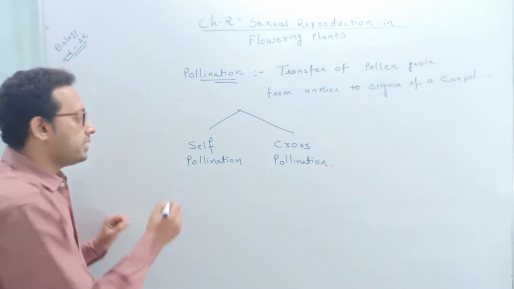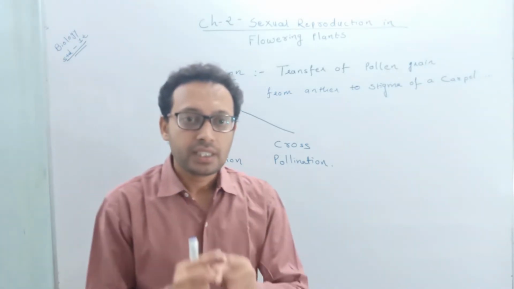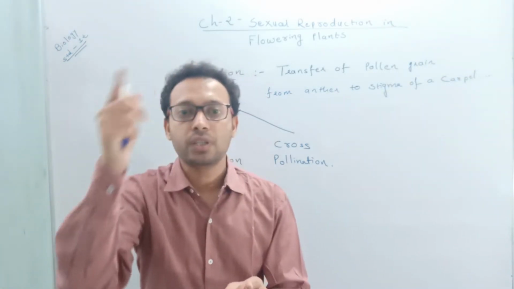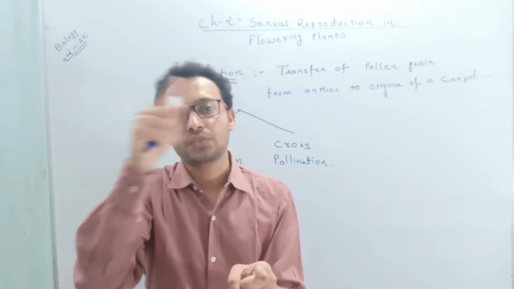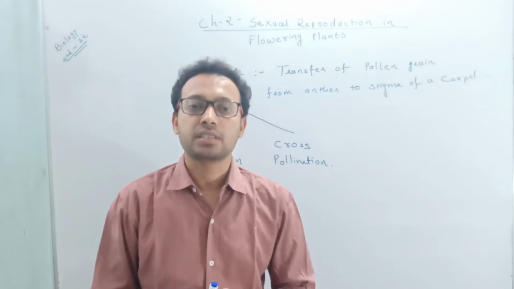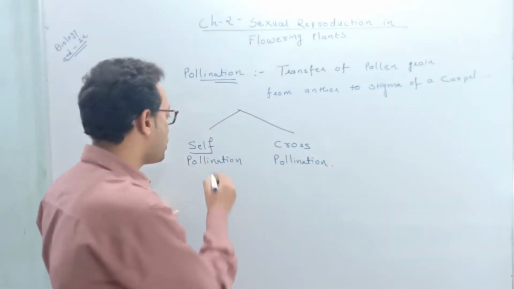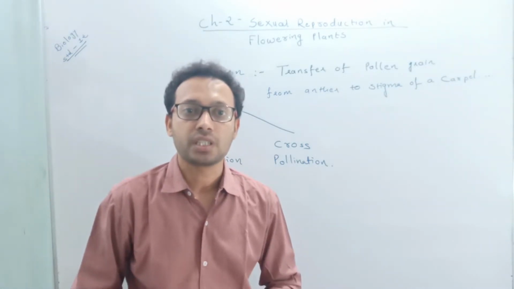In self-pollination, the name itself suggests, a pollen grain of one flower is transferred to another flower of the same plant, or the same flower of the same plant. This is known as the self-pollination process. So again, what is the self-pollination process?